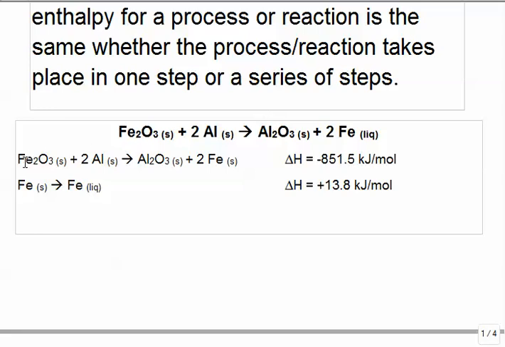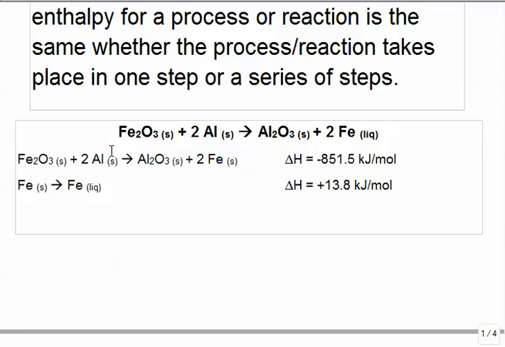One of these reactions is the reaction of Fe2O3 with aluminum to produce aluminum oxide and solid iron metal, and we can look up in a table that the enthalpy change for this reaction is negative 851.5 kilojoules per mole. So for every 1 mole of ferric oxide that reacts, we release, that's what the negative sign means, 851.5 kilojoules.